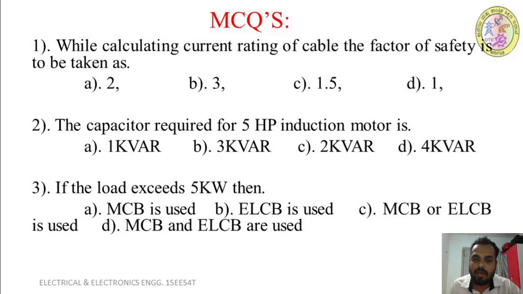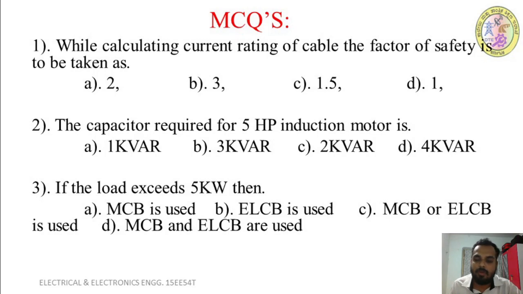Here the induction motor rating is 5 HP. For 5 HP induction motor, what is the rating of the capacitor bank? Right, it is 2 kVAr. For every 2.5 HP 1 kVAr, for 5 HP it is 2 kVAr.